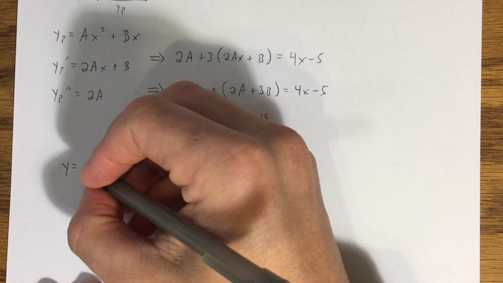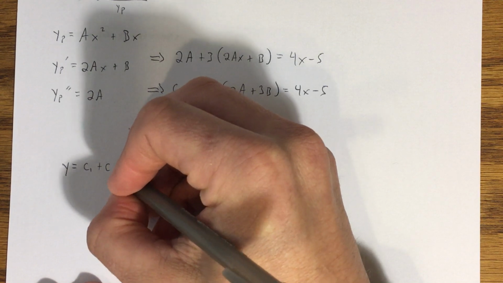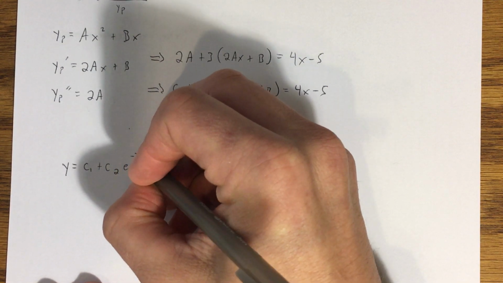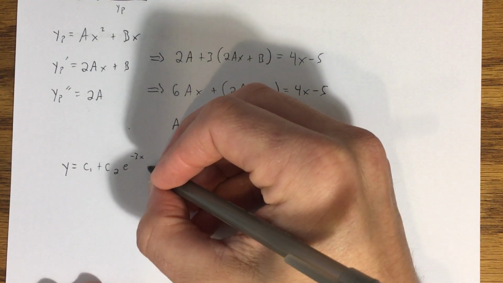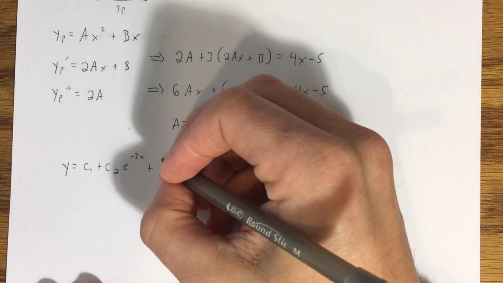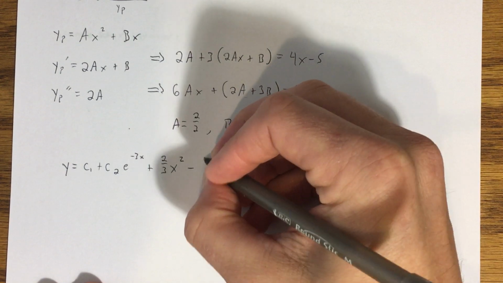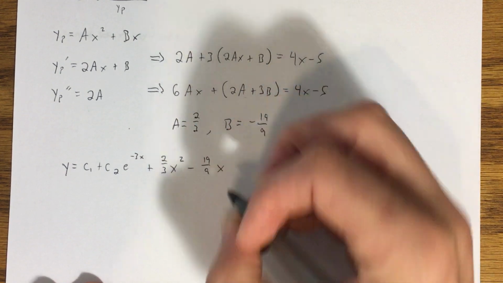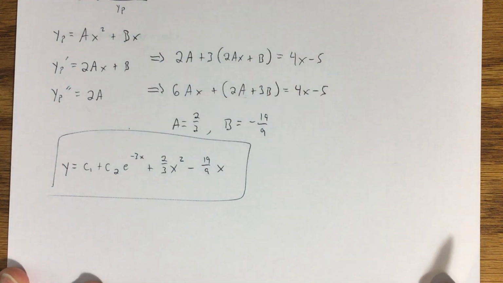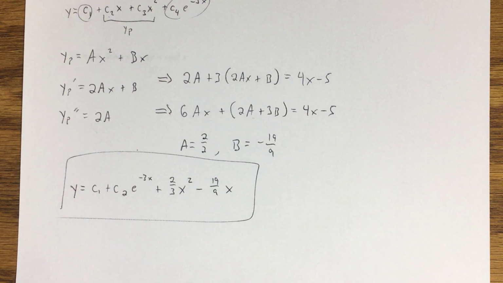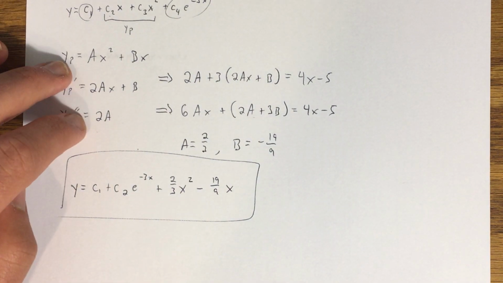So y is equal to c1 plus c2 e to the negative 3x, there's my complementary solution, plus Ax squared, which now looks like 2/3 x squared, plus Bx, which is minus 19/9 x. There it is. Okay, so notice this approach does not take the work out of solving for those coefficients.